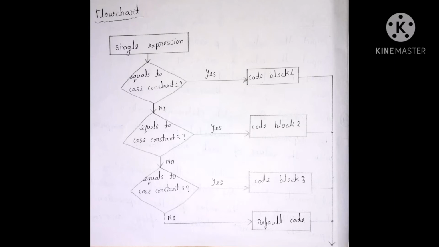If yes means it will execute the code block 2. No means it will check the case constant 3 is equal with the single expression. If yes means it will execute the code block 3. No means it will execute the default code block.